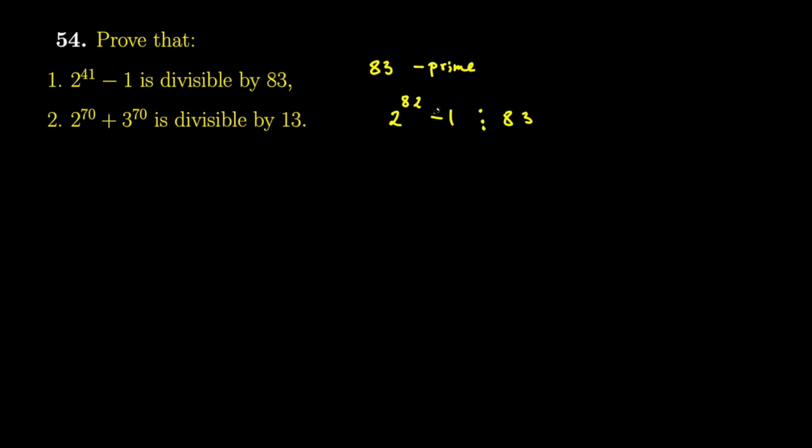If you factorize this expression, 2 to the power 82 minus 1 becomes 2 to the 41 minus 1 times 2 to the 41 plus 1, a difference of squares, because 41 is an odd number and 82 is even. So either this one or this one has to be divisible by 83. That's the idea in this problem.